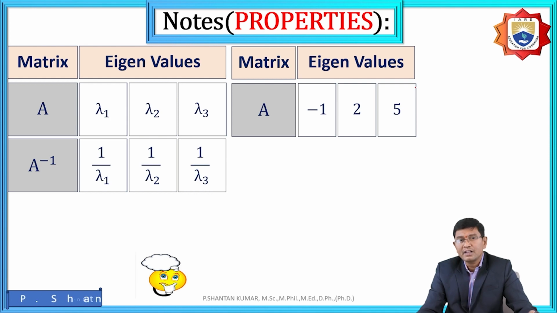That means whenever the eigenvalues of the matrix are lambda 1, lambda 2, lambda 3, the eigenvalues of the inverse are 1 by lambda 1, 1 by lambda 2, 1 by lambda 3.